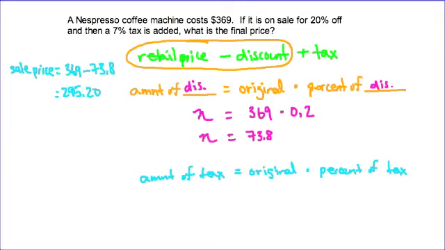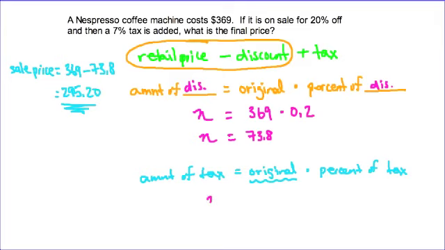The reason this original price is now different is because you don't pay tax on the ticket price, you pay tax on whatever it is you actually paid. In this case I paid a sale price, so that's the original amount that the tax gets added onto.